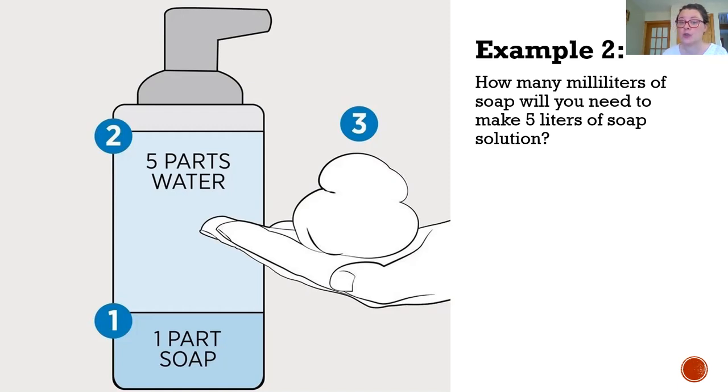All right. So for this one, we want to find how many milliliters of soap we need to make 5 liters of soap solution. So I want to know how many mils I need in order to make a total of 5,000 milliliters, or 5 liters.